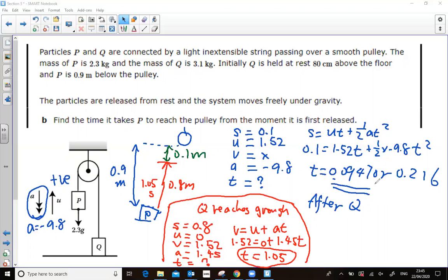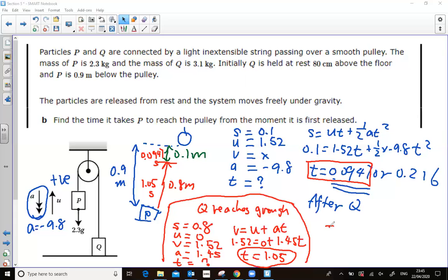And this is the time for P to continue moving upwards after Q reached the ground. So that's when P moved up by 0.1 meter, and that would take 0.0947 seconds.